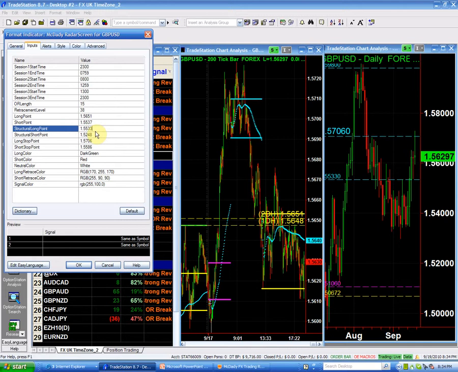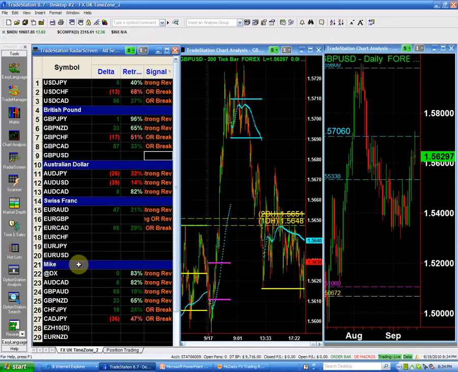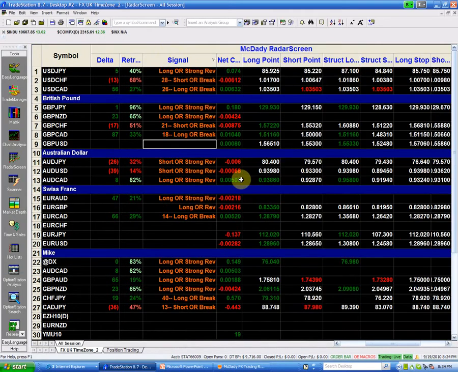Okay, I'm going to correct this. I'm going to put my sell at 155.30, so it's 3 ticks below the structure long, so there is no confusion. Let's put it here on the radar screen so that you can see. So for the pound, we're going to buy above 156.51.